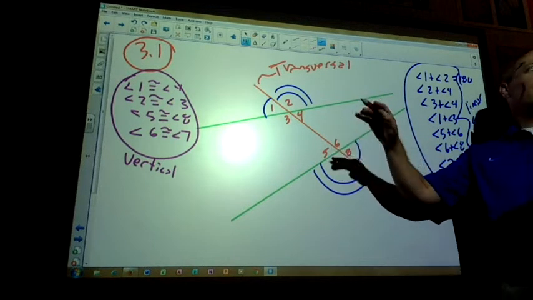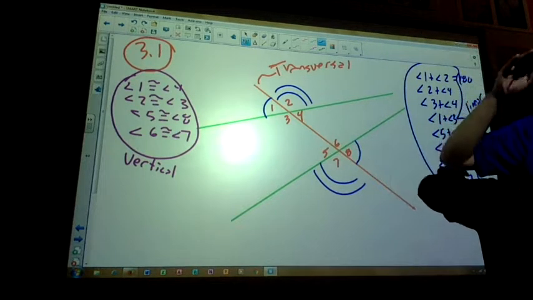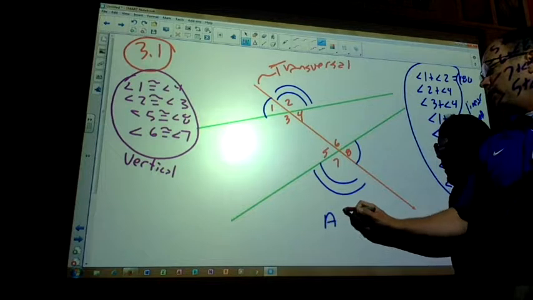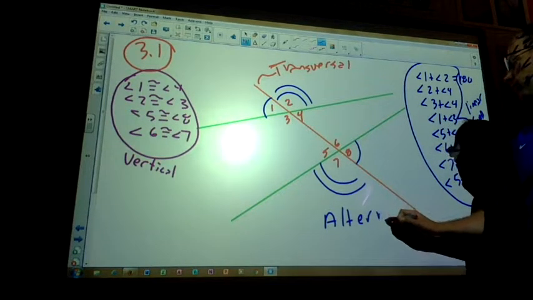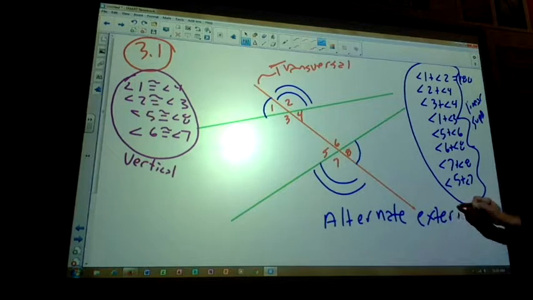They alternate on either side of the transversal. They are on the exterior of our two original lines. So these are called alternate exterior angles. And if the two green lines are parallel, you could say the same for like 6 and 3 and 4 and 5, right? Not for alternate interior or exterior.